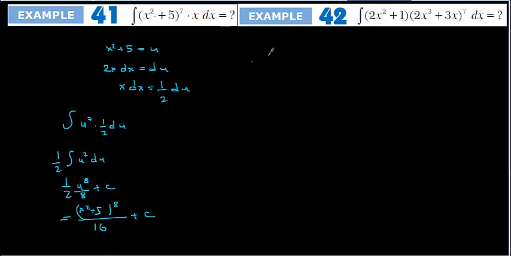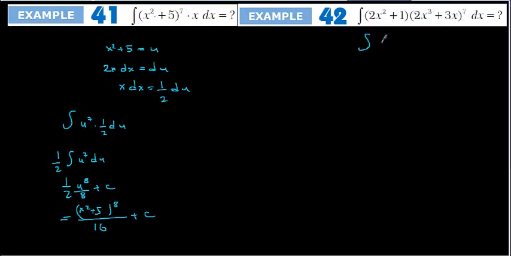Okay, and this is a similar exercise to the previous one, and the power 7 we have here. That's why I think this is going to be u, because of the power we have here, and the derivative, I think it must be here.